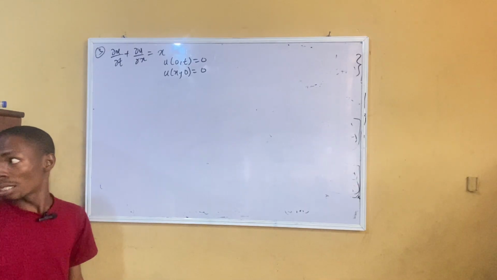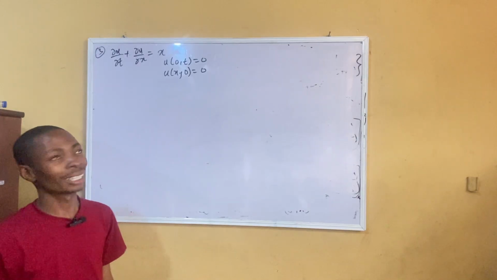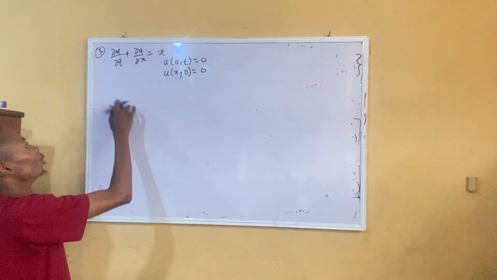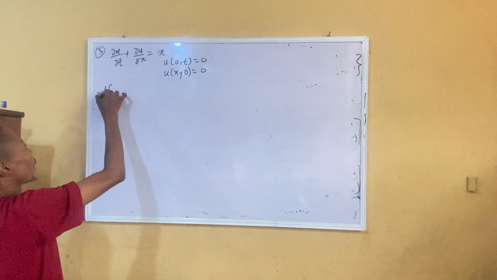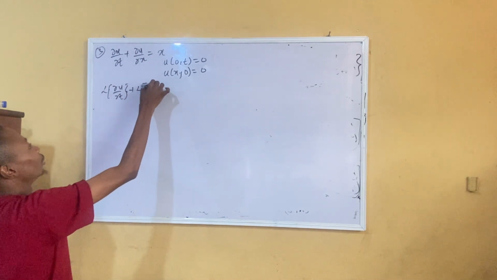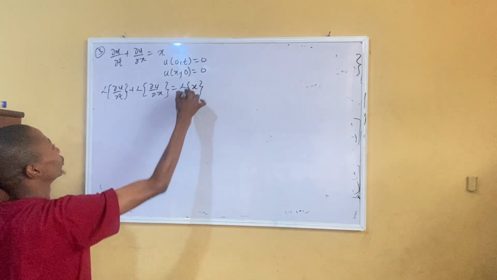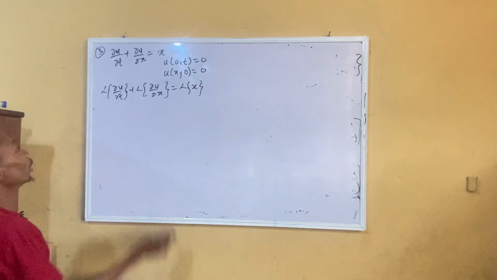We want to evaluate this first order partial differential equation using Laplace transform. So you take the Laplace of both sides: Laplace of du dt plus Laplace of du dx is equal to Laplace of x. Now this is the first derivative.